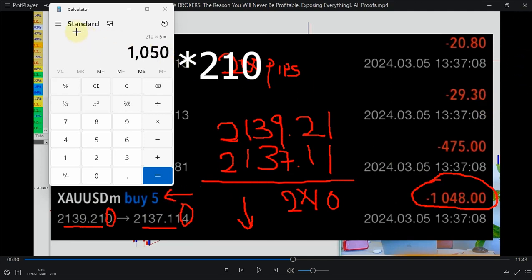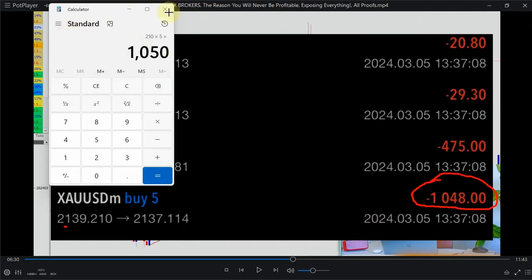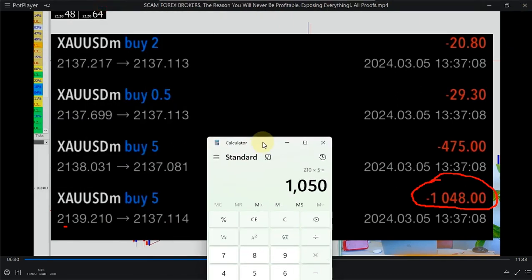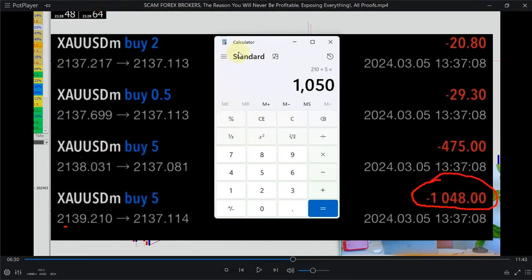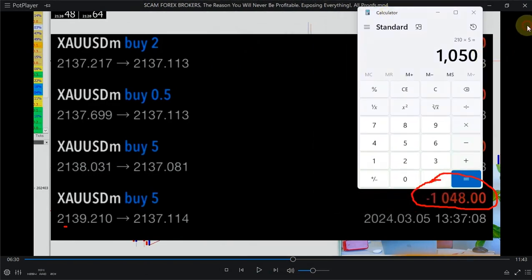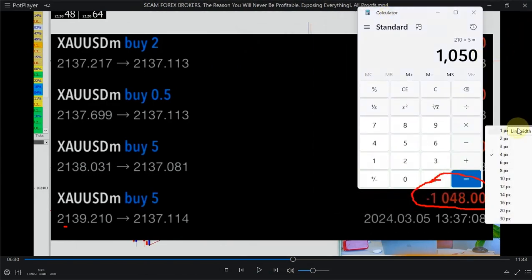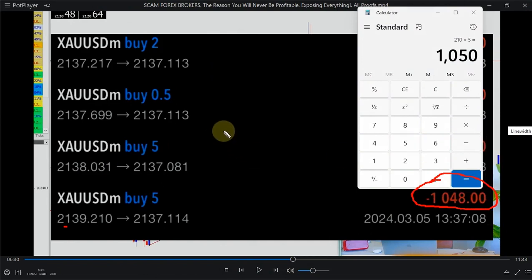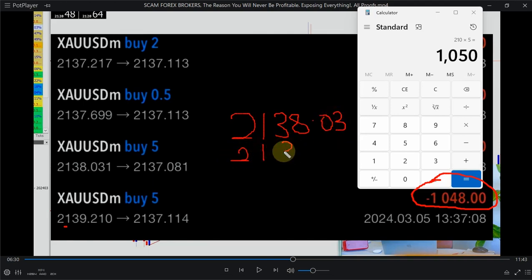In the same way, you can also check for the other one. You can also check for this. When you have 2138.03, and you subtract 2137.08.